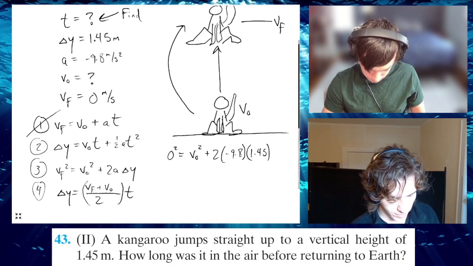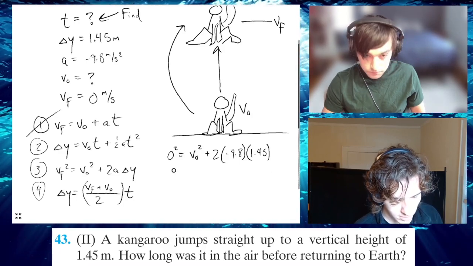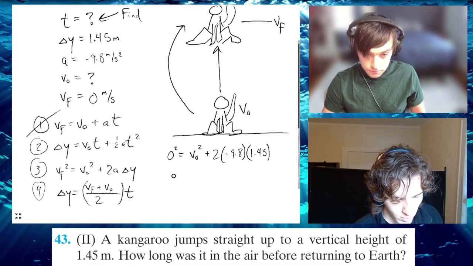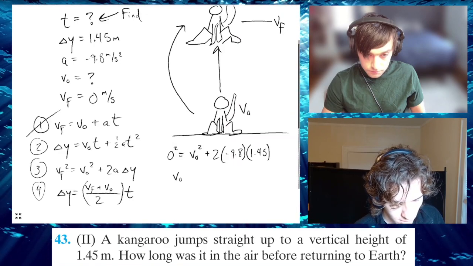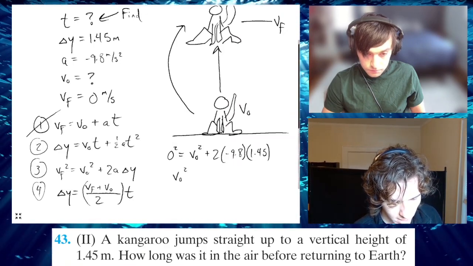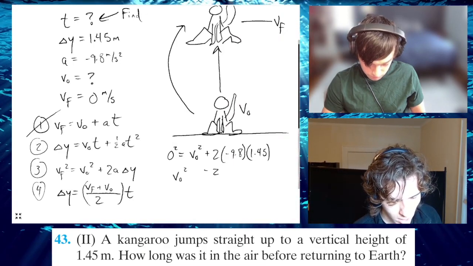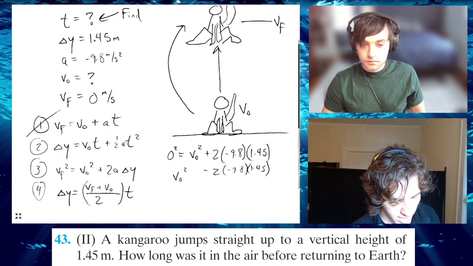Let's simplify this first. We have the 0 goes away, so I'm going to do v naught squared. Basically, I'll subtract all of this to the other side.